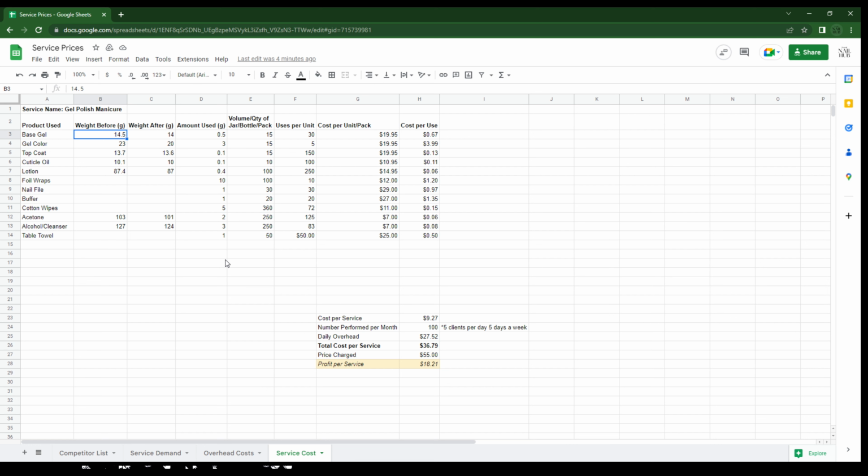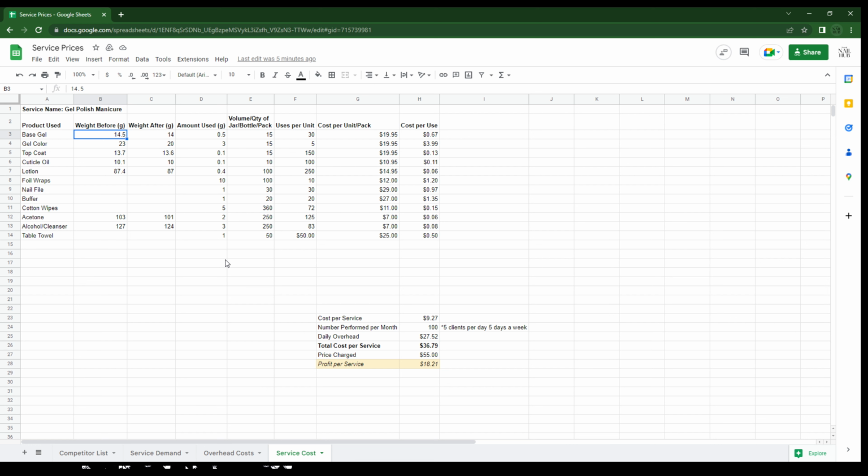Obviously grams takes into account more of a mass thing, but you can basically get a gram weight, and I do recommend metric for these things, even though in the US we're not used to it. It's a lot easier to convert milliliters into grams than it is to do ounces to grams and all of this different stuff. So I've got a practically new bottle of base gel.